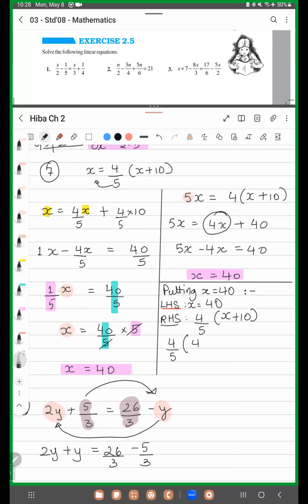What is 40 plus 10? It is 50. So we can cancel 5 and 50, and that becomes 40. So LHS is equal to RHS. Very good. LHS is equal to RHS. ठीक है? Okay.